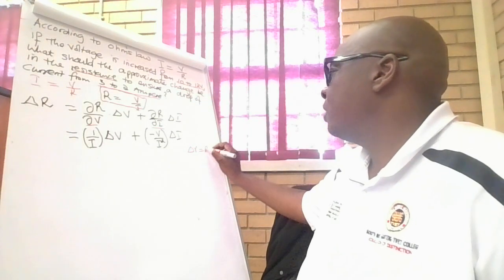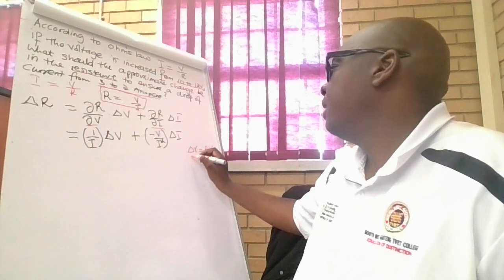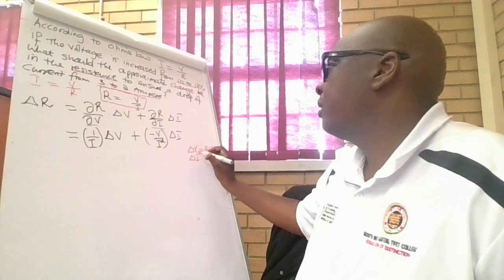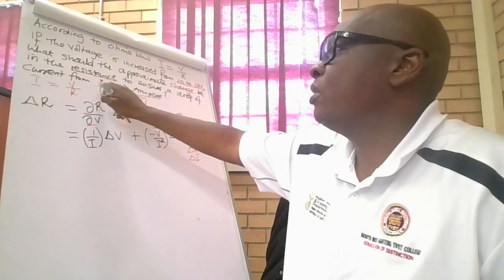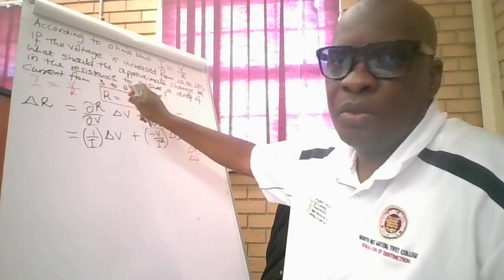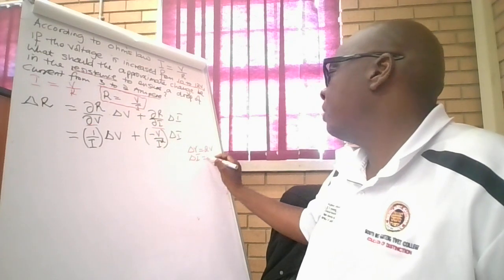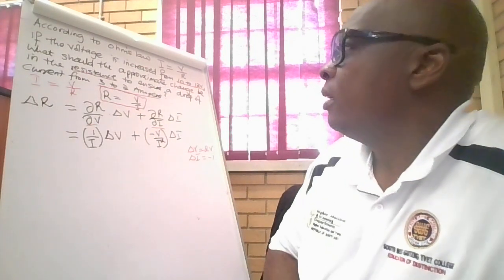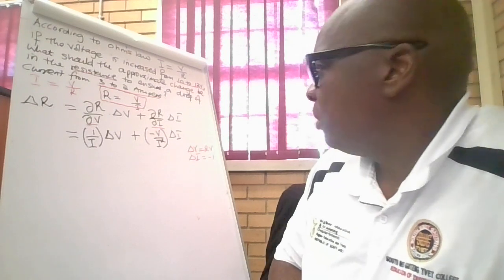So that means the voltage change there will be 2 volts. And the change in current, notice the current changed from 3 to 2. In other words, it dropped from 3 amps to 2 amps. So the change in current would be minus 1. So that's 2 minus 3, which gives us minus 1.